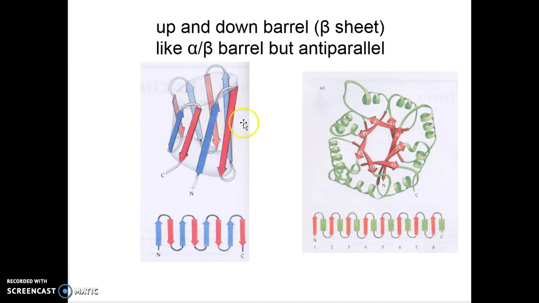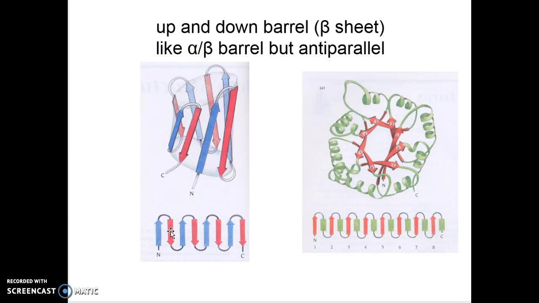So in this slide, you are comparing the up and down barrel at the left side with the thin barrel at the right side. When you look at the topology, betas in the thin barrel are parallel, whereas betas in the up and down barrel are anti-parallel.